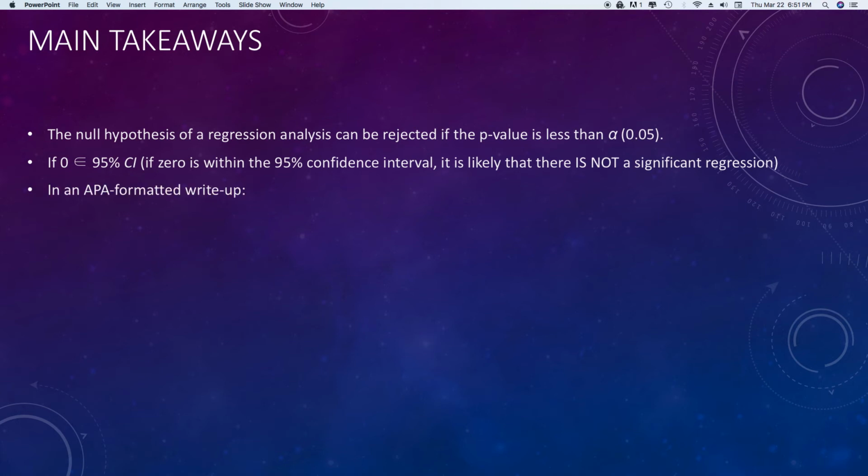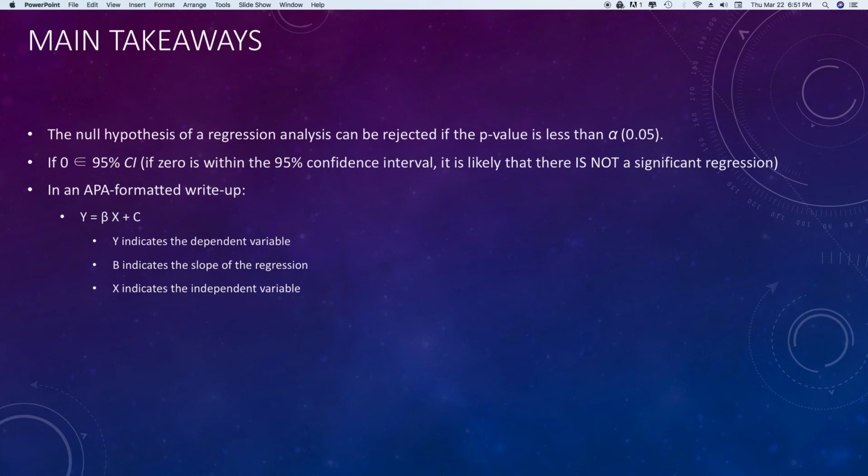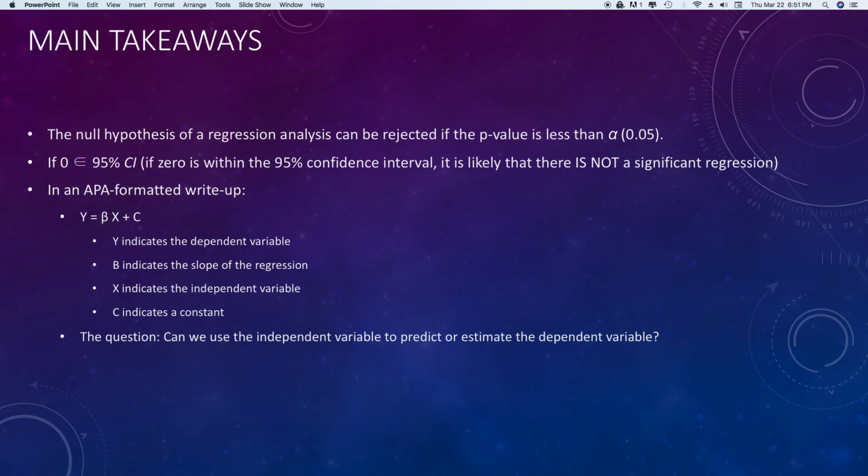And in APA formatted write-up, there's our equation, where y indicates the dependent variable, beta indicates the slope of the regression, x indicates the independent variable, and c indicates a constant. So the question for each of these is, can we use the independent variable to predict or estimate the dependent variable?